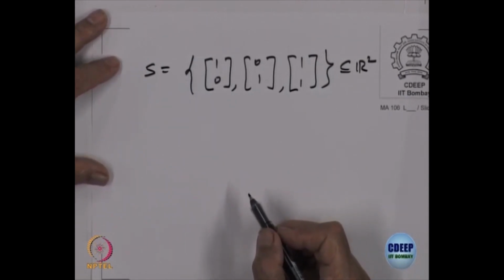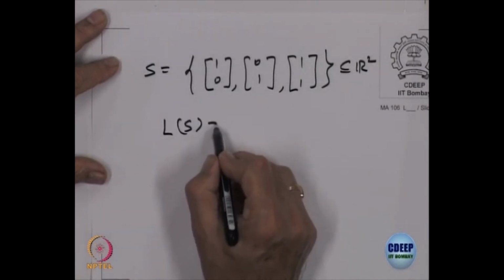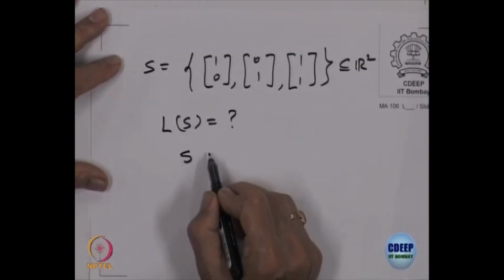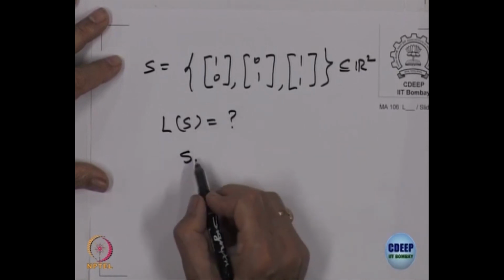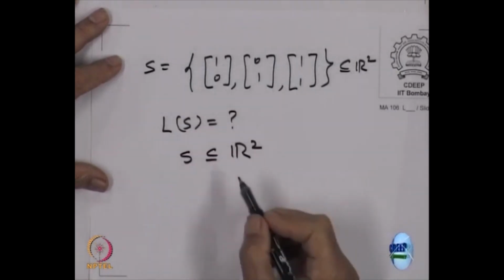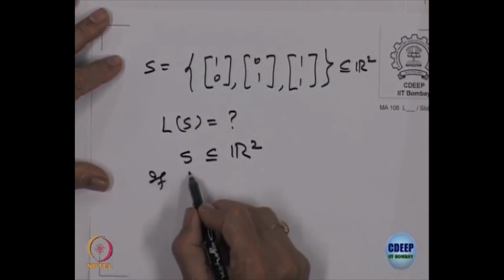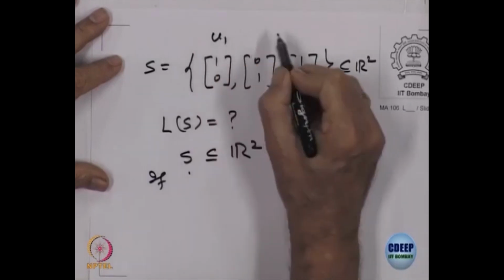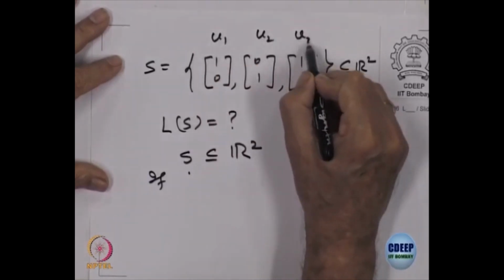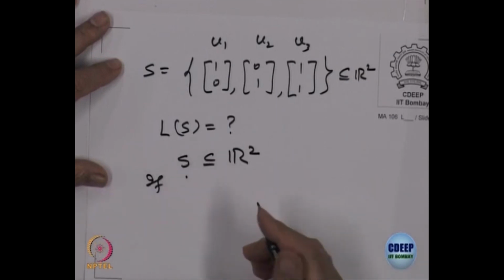I have taken 3 vectors in R2. What is LS? S is a subset of R2, right. So, if I call this V1, call this V2 and call this V3, just for the sake of it, instead of writing the matrix every time.